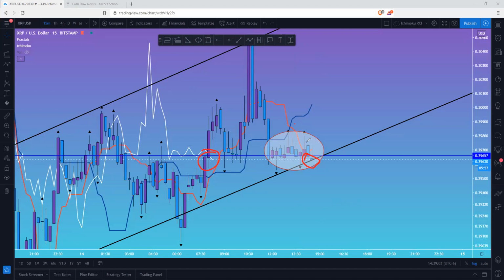This right here is what you're concerned with. So the TK cross, and also it's about to pass the line anyway, going down. And this is our Kijun on the 1 hour time frame. All right, there we go, right there.